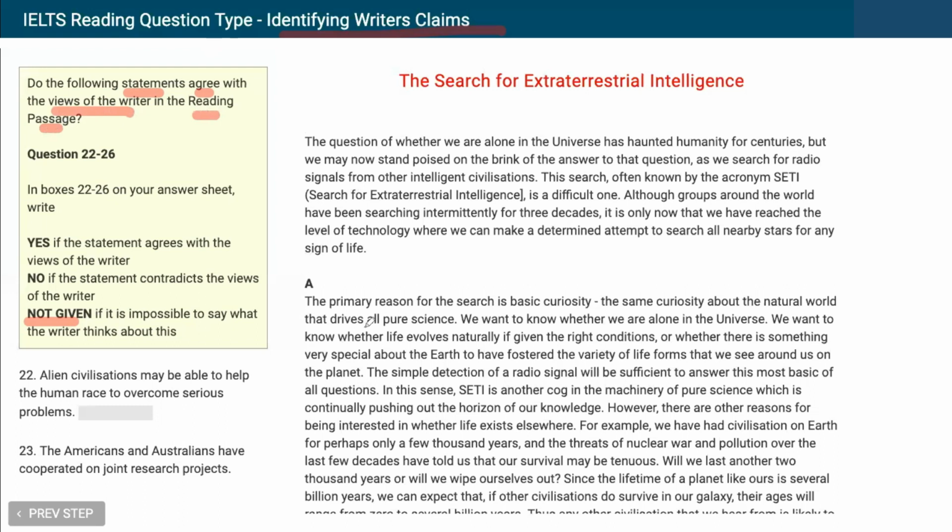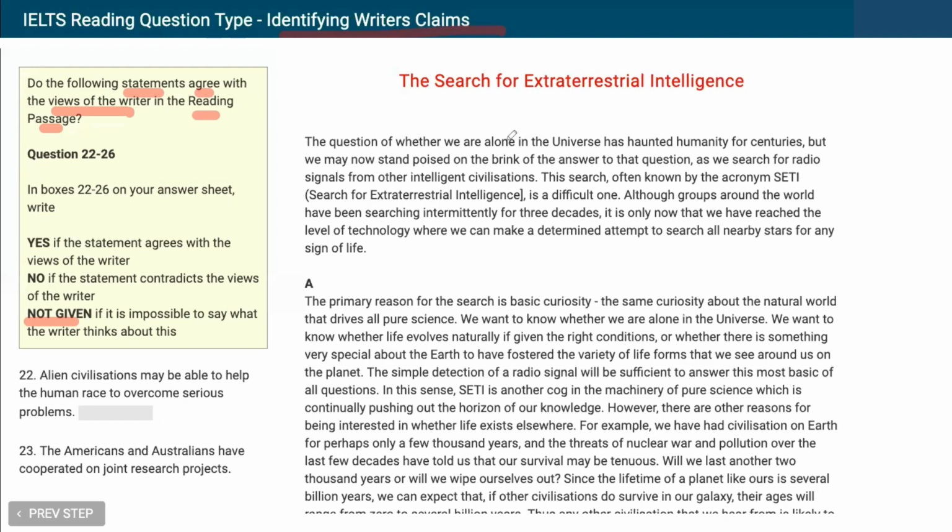So here we're going to be looking at opinions and views of the writer. However, they're not going to be explicitly stated. So we'll have to do some critical thinking to see if these statements would match up with what the writer has stated. It's extremely important that you don't call on any type of outside knowledge for this question type.